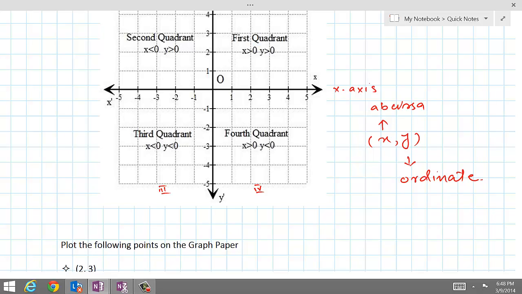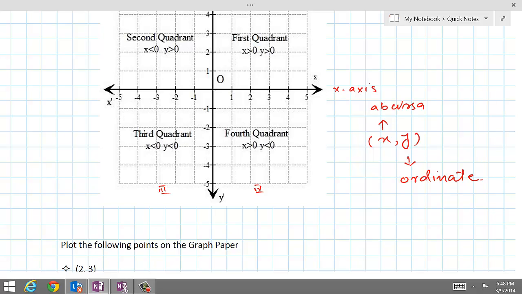For ordinate, if ordinate is positive, then we move toward upper side, and if ordinate is negative, we move toward the negative y-axis, and if ordinate is equal to 0, it means there is no vertical movement. But in the end, there should be two things which should be kept in mind.